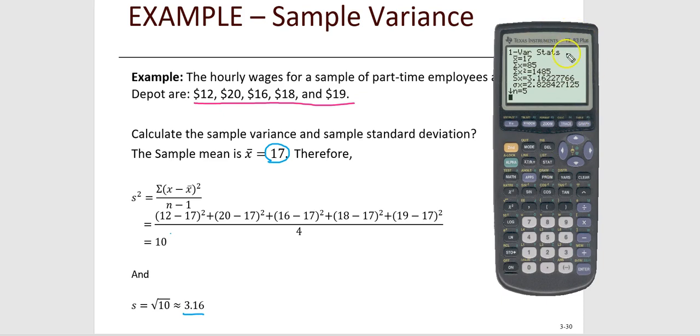That's how you can easily evaluate means and standard deviations using a calculator. You just have to enter your list of your data into one of the lists on your calculator and then do one variable statistics. Now let's go back to that bank data, and I'll show you how to do that in Excel as well.